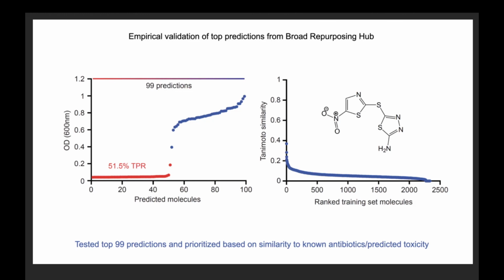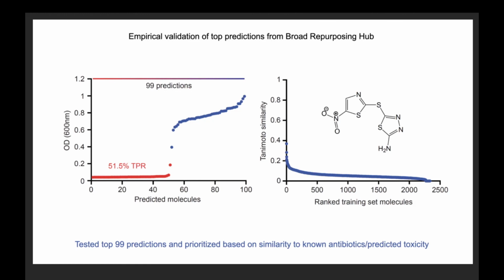And then we asked the next question. We said, okay, so we have 51 molecules that are growth inhibitory. Of these 51 molecules, are there any that don't look like existing antibiotics, right? Because we were looking for molecules that were structurally and functionally unique relative to anything that we have. So the molecule out of these 51 that fit that criteria was Halicin, which is shown on the right.